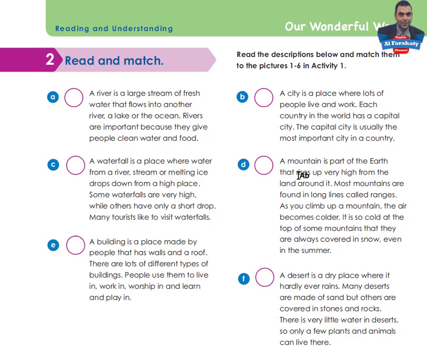D. A mountain is part of the earth that rises up very high from the land around it. Most mountains are found in long lines called ranges. As you climb up a mountain, the air becomes colder. It is so cold at the top of some mountains that they are always covered in snow, even in the summer.